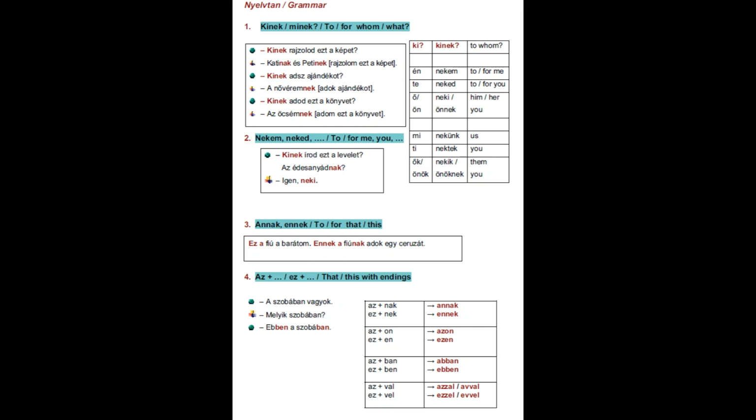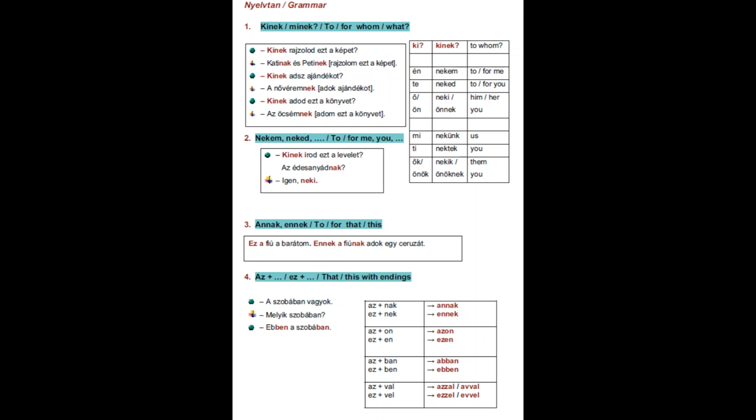Melyik szobában? Melyik. Which room are you in? Melyik szobában? In which room? Okay, that's literally, you're saying which in room. Szobában, right? In room. Melyik szobában? In which room?